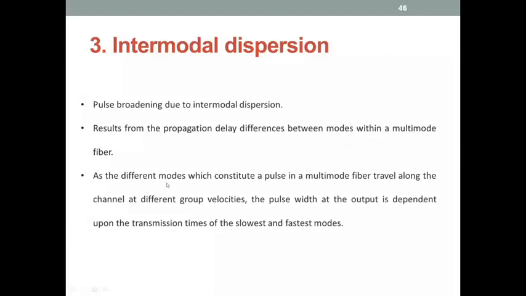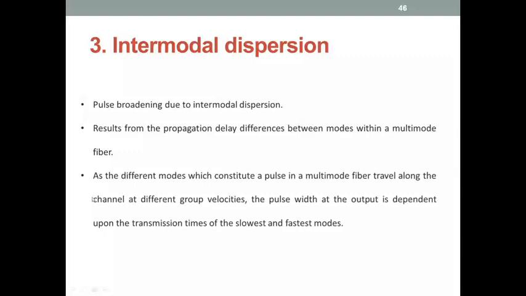As the different modes which constitute a pulse in a multimode fiber travel along the channel at a different group velocity, the pulse width at the output is dependent upon the transmission time of the slowest and the fastest mode. So remember that when we are talking about different modes, the pulse in the multimode fiber travels along the channel at different group velocities.